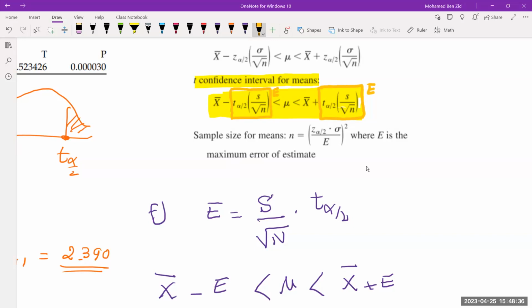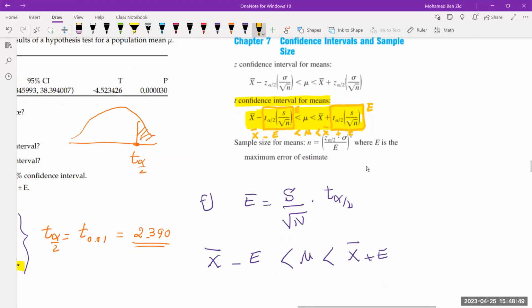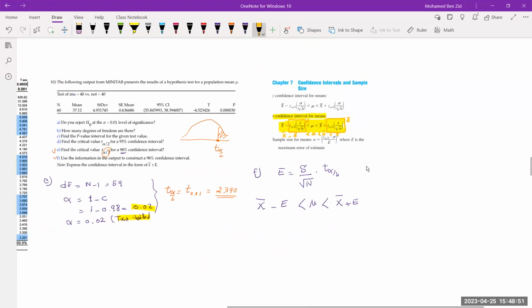So that's going to be X bar minus E from this side. This is the mean, and this is going to be X bar plus E, which is the error. All right. Okay, so let's try to do the calculation.